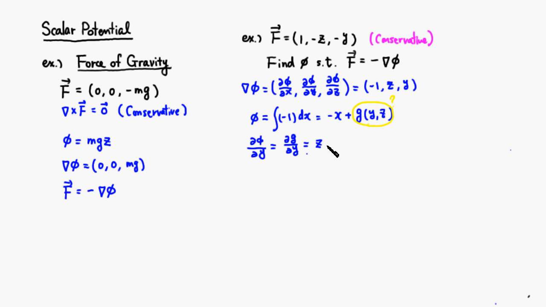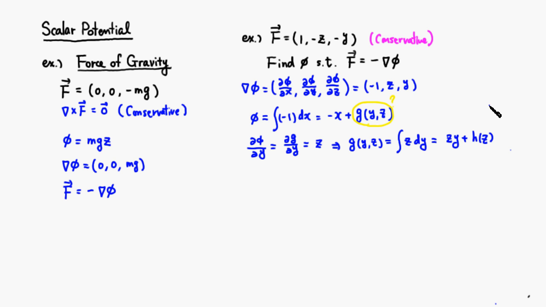From here, we can find g, which is a function of y and z. We can simply take the z and take the antiderivative with respect to y. This is going to give us zy, then you have plus a function of z left, because z is considered to be a constant.